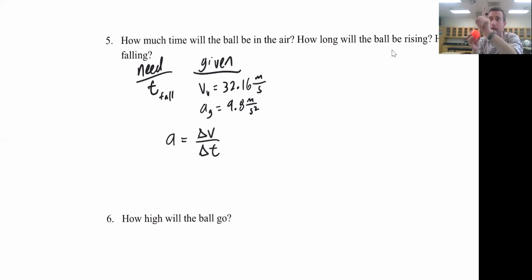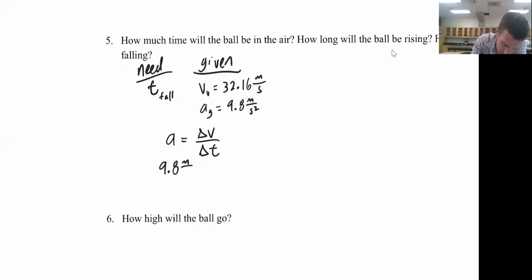But it has to go from up to down, has to go through 0. So at the very top, the vertical component of velocity is going to be 0. So my change of velocity, I'm going to rewrite this, is my vertical minus 0.